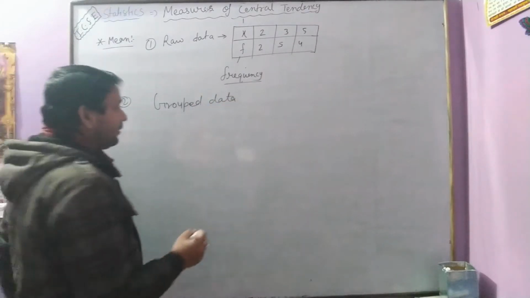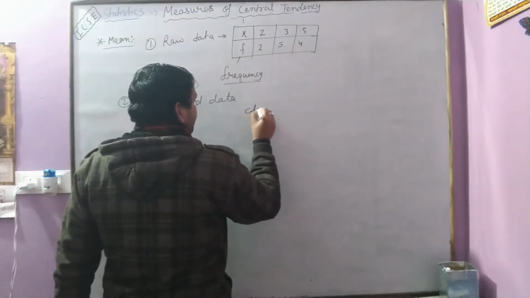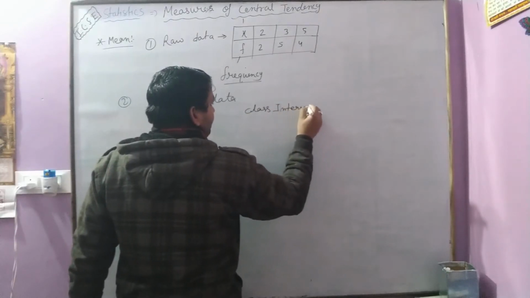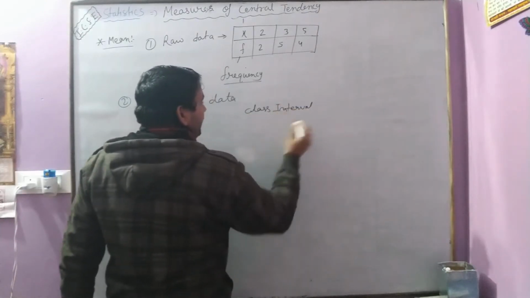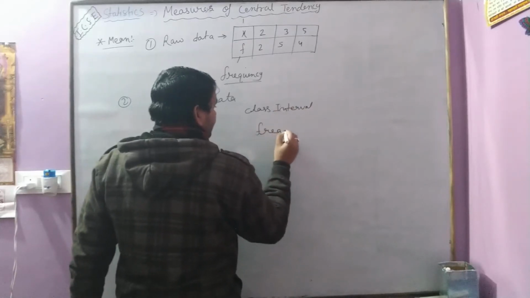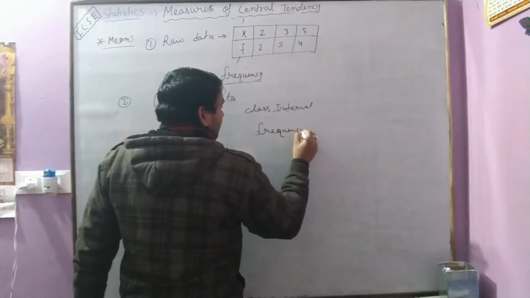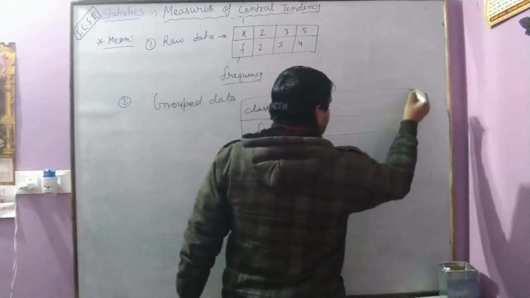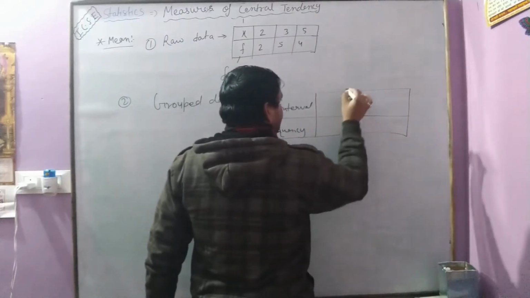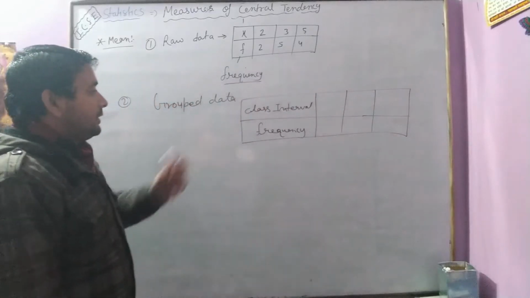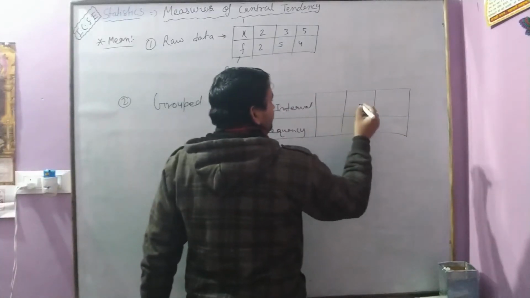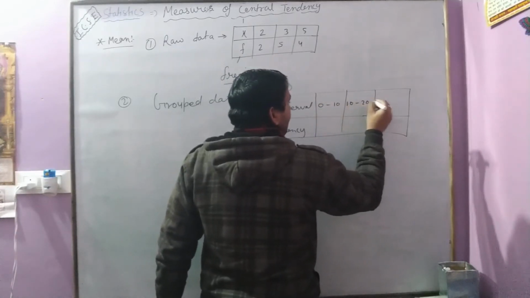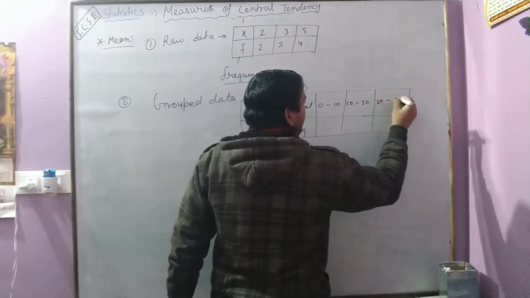In the case of grouped data, we are given the class interval and frequency. Just note all these kinds of data. Suppose the data starts from 0 to 10, another value 10 to 20 and another 20 to 30.